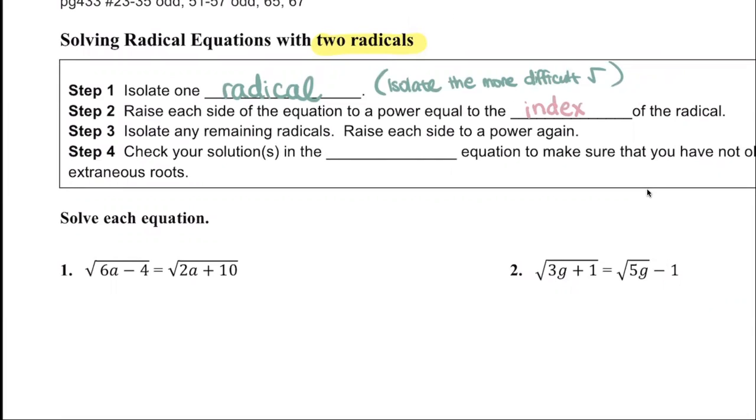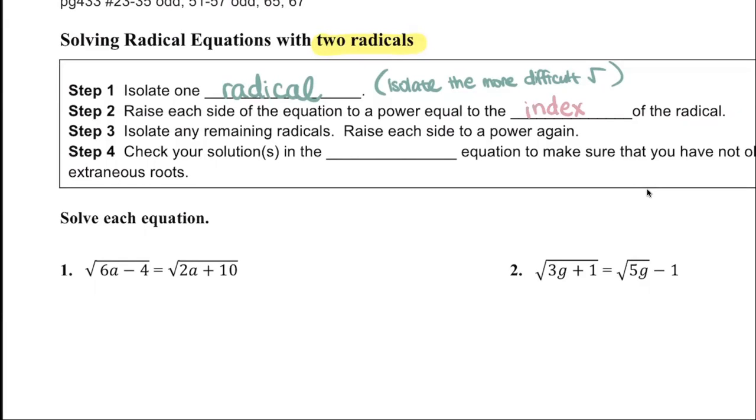Okay. All right, step two is you want to raise each radical to the power equal to the index of the radical, very similar to what we did yesterday, right? So that gets rid of the radical. And what happens is it will typically get rid of at least one of the radicals. Sometimes after this step, you might still have radicals floating around.